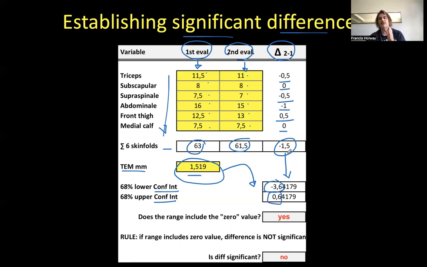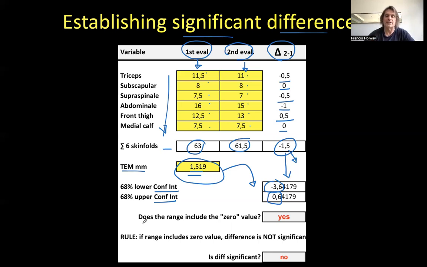So sure, the average says that I lost a little bit, minus 1.5 millimeters, but the range of my confidence interval goes from losing as much as 3.6 millimeters to gaining 0.6 millimeter. So with a 68% confidence interval, you don't know whether you lost or you gained body fat. Why? Because the difference is very small, and with my technical error of measure for sum of 6, I cannot really determine whether you've gained or lost body fat.